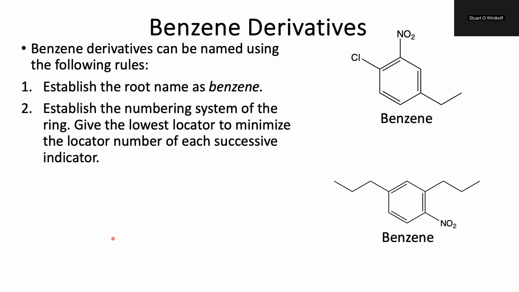Now we need to work on the numbering system. So we're going to try and give the lowest locator number to each successive species. So in my top case, I have three potential choices for giving that 1 to: the chloro, the nitro, or the ethyl.